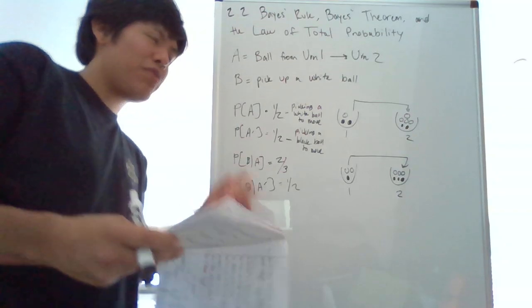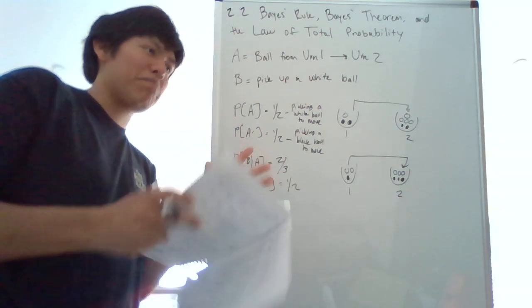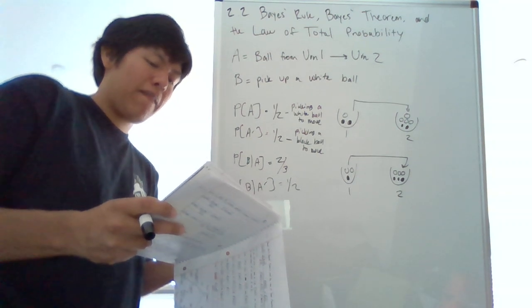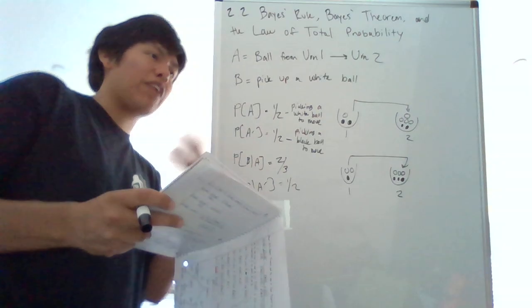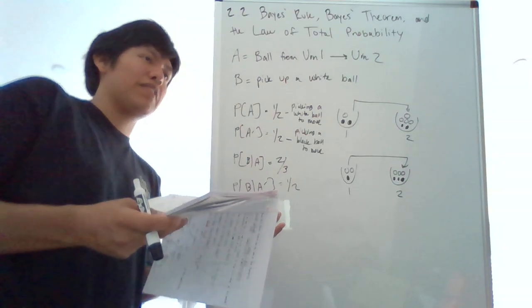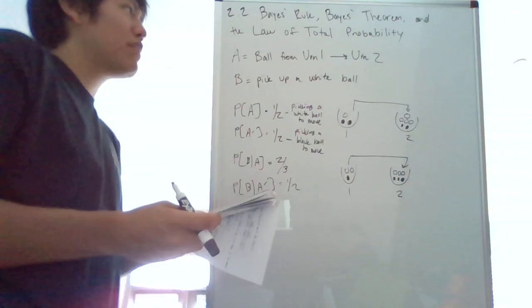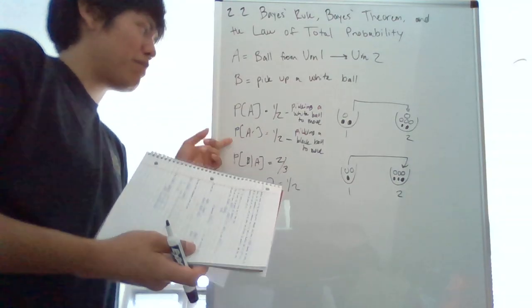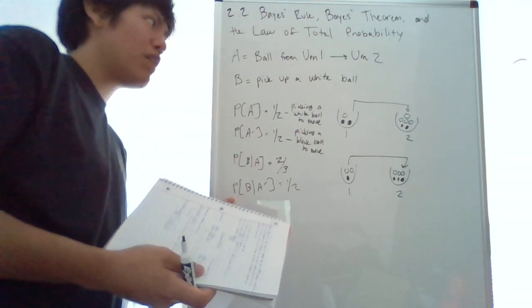We don't really use A complement by itself in the calculation. It's more of a signifier. What we do need to use though is the probability of A complement and the probability of B given A complement.